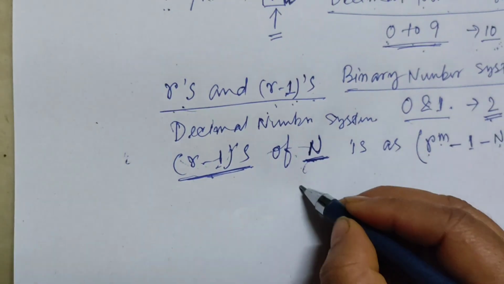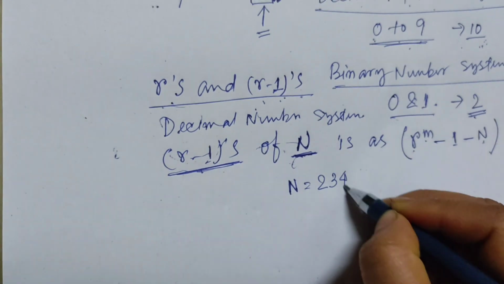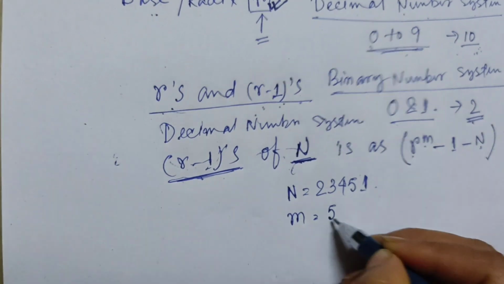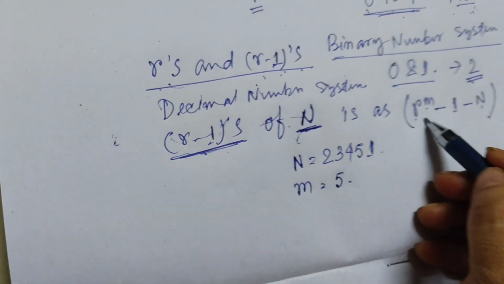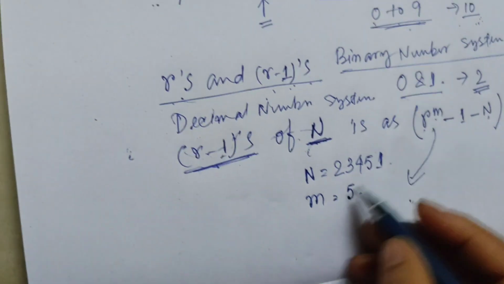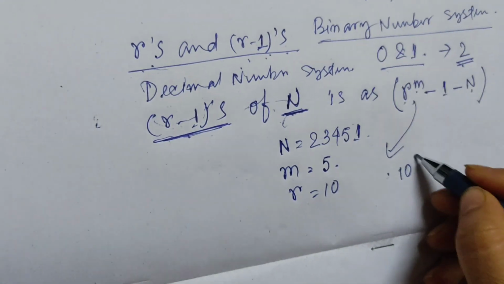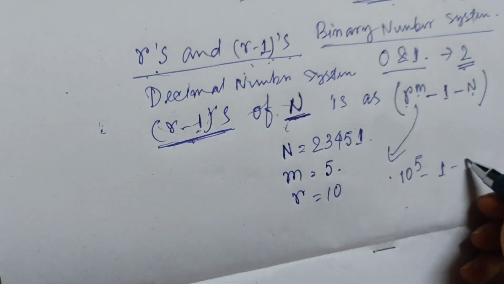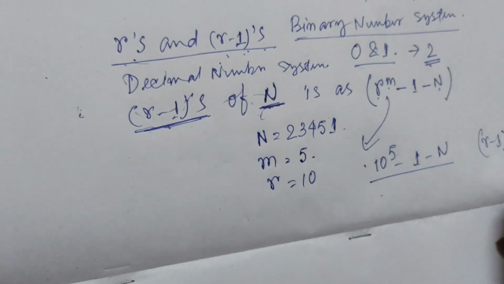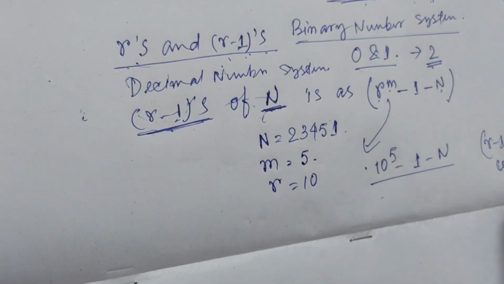Suppose we take n equals 2, 3, 4, 5, 1 and m equals 5. We have to find r to the power m. As we are considering r is 10, 10 to the power 5 minus 1 minus n is the r minus 1's complement.